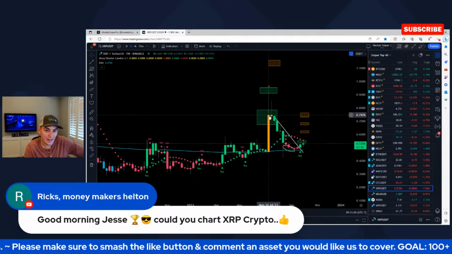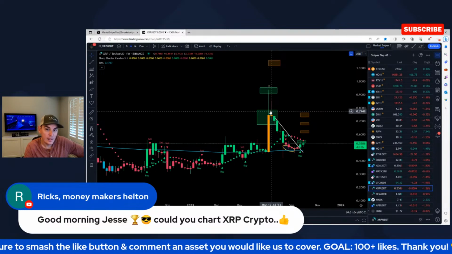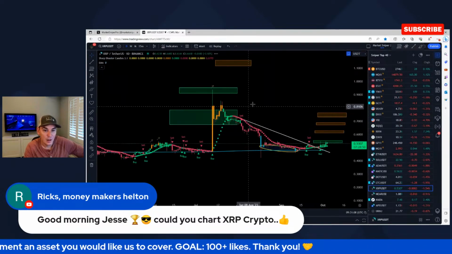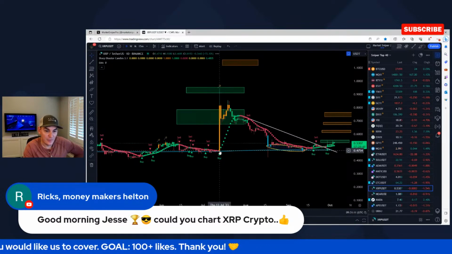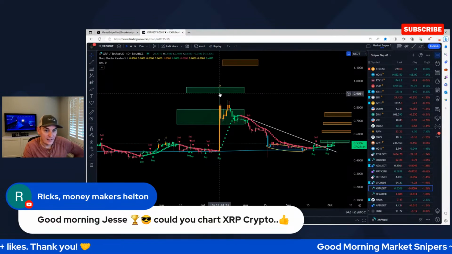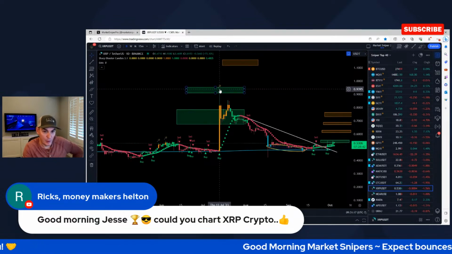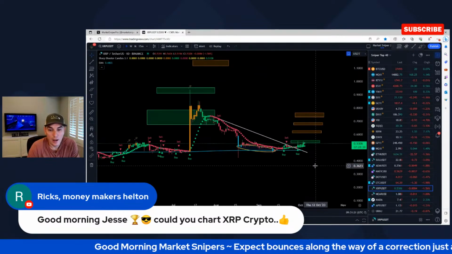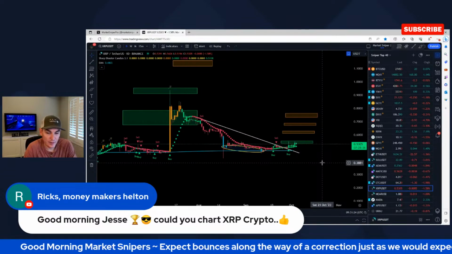XRP is notorious for it. A quick pump up, even on the daily candle, right? One daily candle pumps all the way up to hit multiple targets and then drops right back down. It hasn't happened yet, but that's what it does.